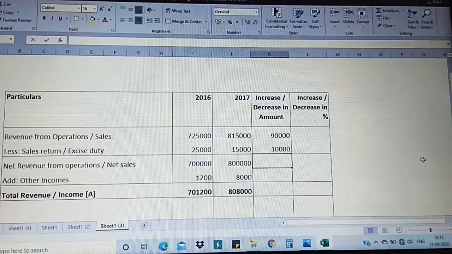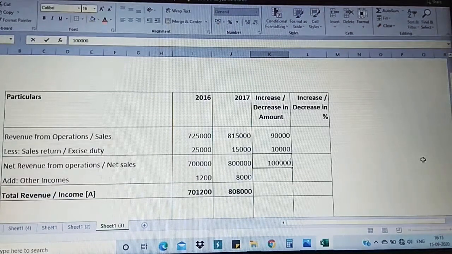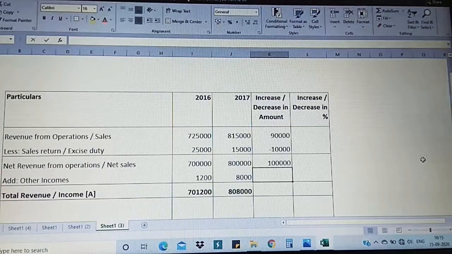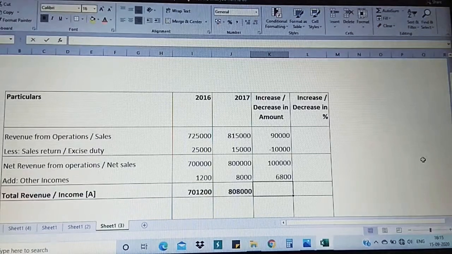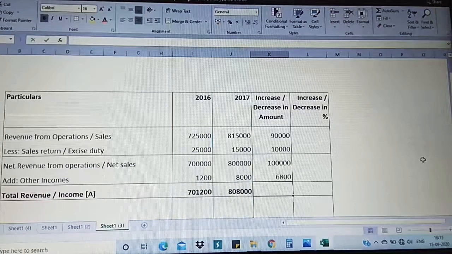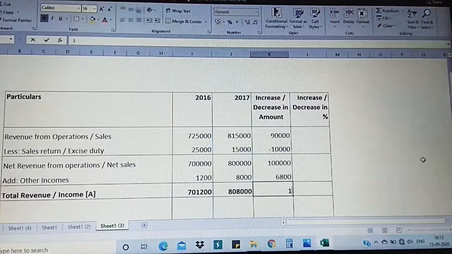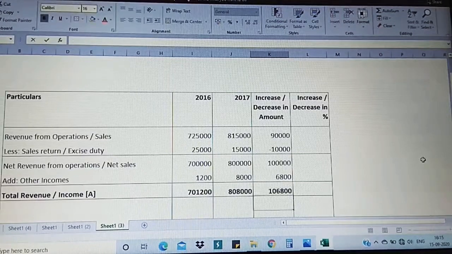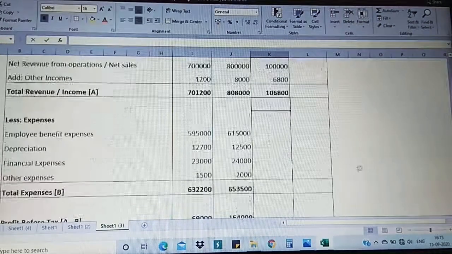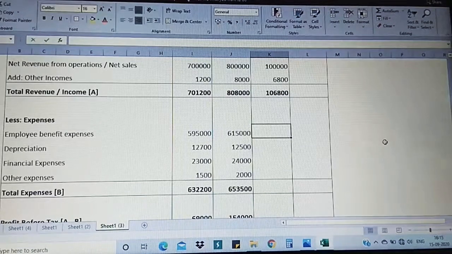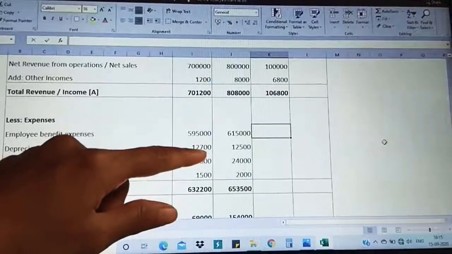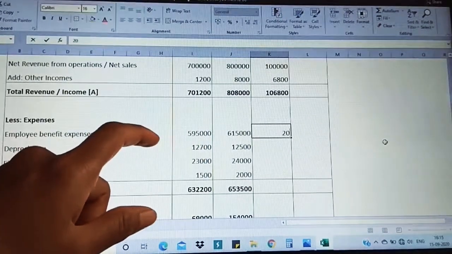Next, 8 lakh minus 7 lakh gives you 1 lakh. 8,000 minus 1,200, 6,800. Then 8 lakh 8,000 minus 7 lakh 1,200, 1 lakh 6,800. 6 lakh 15,000 minus 5 lakh 95,000, it's 20,000.